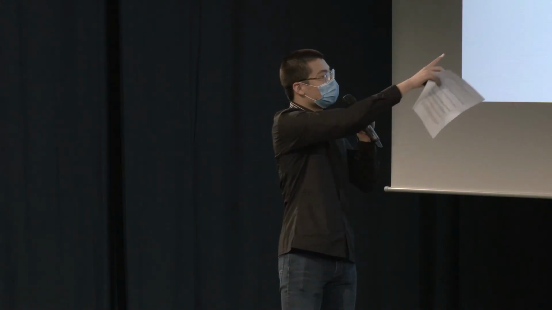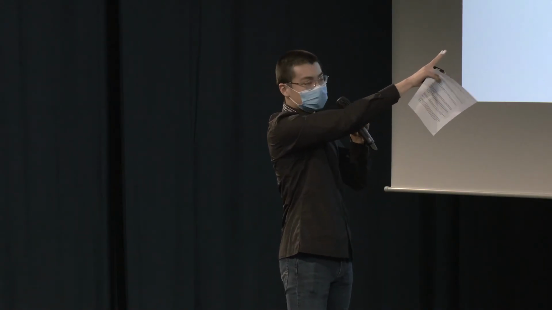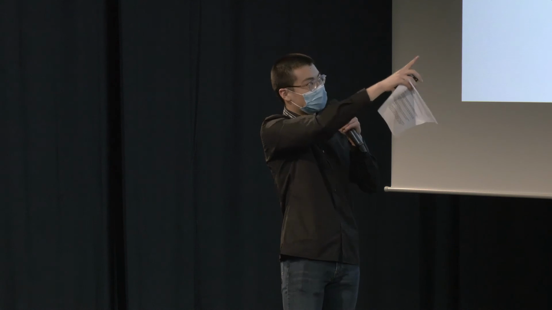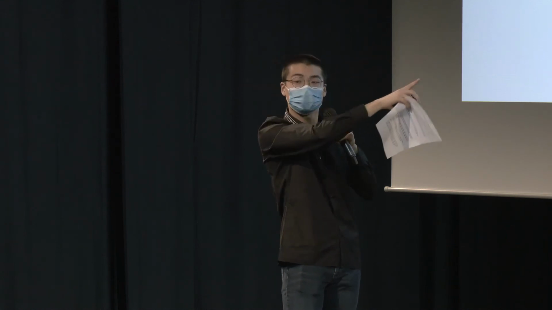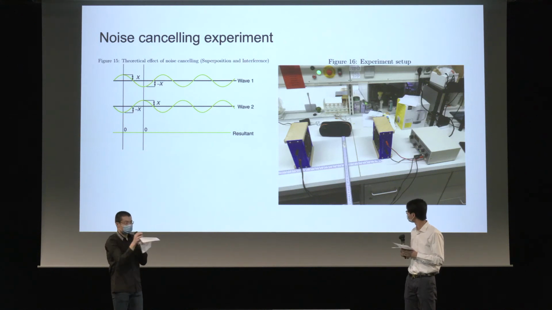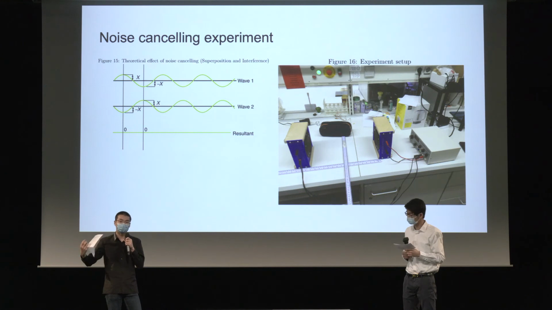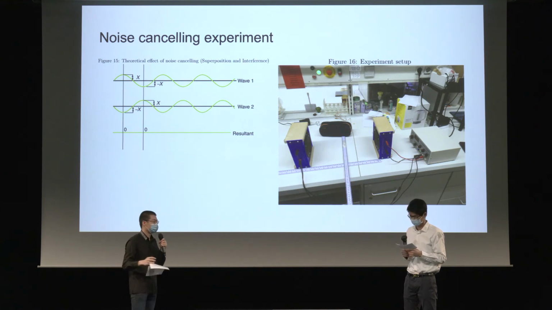And then we measure the distance between the two speakers and place a ruler along the line of symmetry, because that is where we can, well, most probably find the superpositions of destructive interference, because the energy of the waves from the two speakers are the same along the symmetry line.